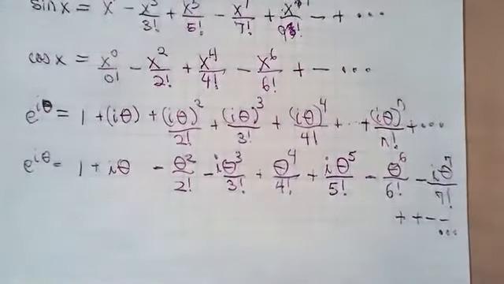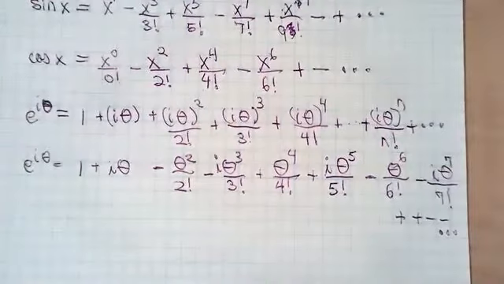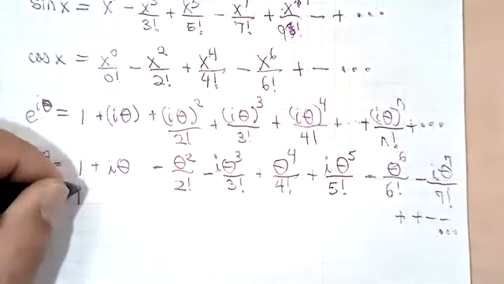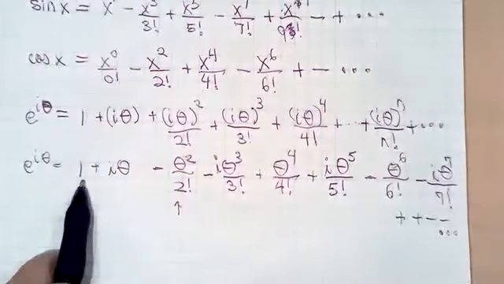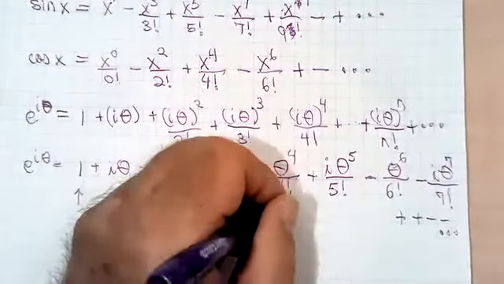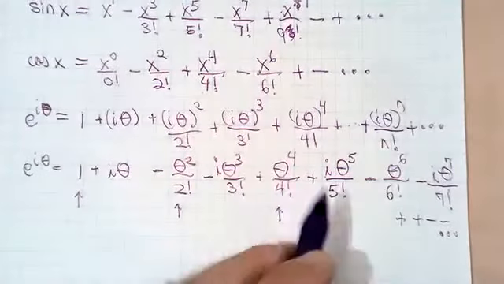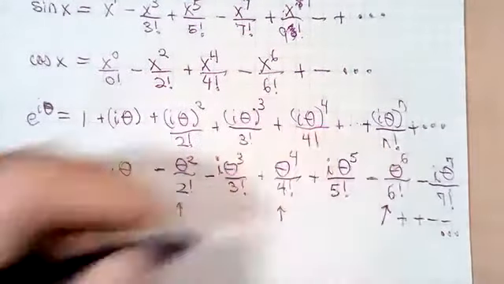Like that. Okay, now I'm going to rearrange these, pull out the real terms, the ones that don't have any i. 1, the theta squared term, the theta to the 4th term, the theta to the 6th term.